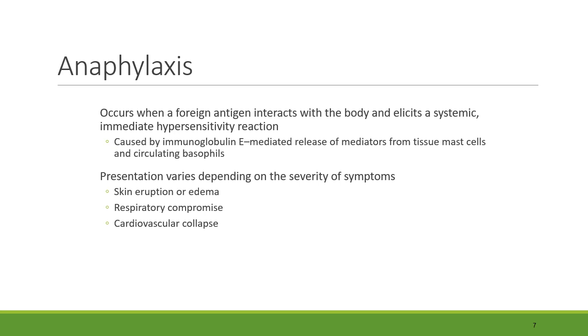This is a mediated release of mediators from tissue mast cells and circulating basophils. A variety of substances can elicit these reactions. There are times, however, when the cause of anaphylaxis may not be found despite a search.